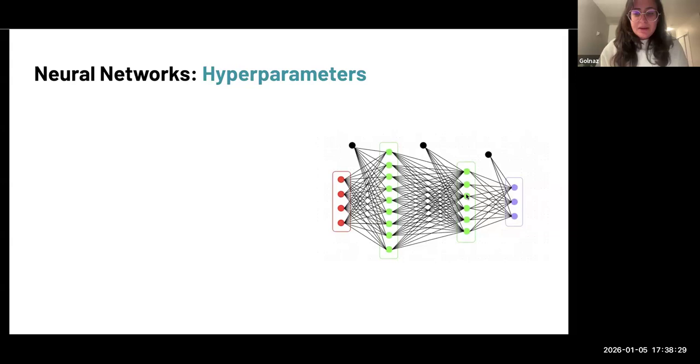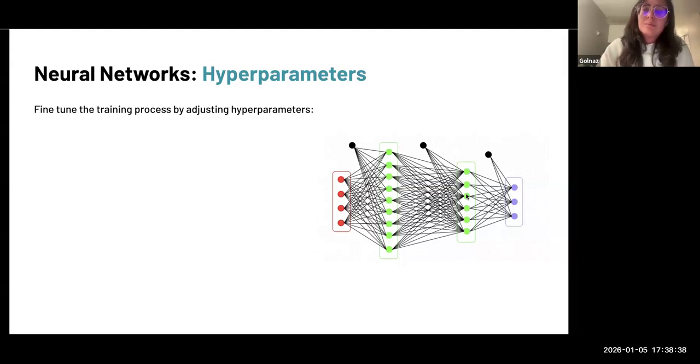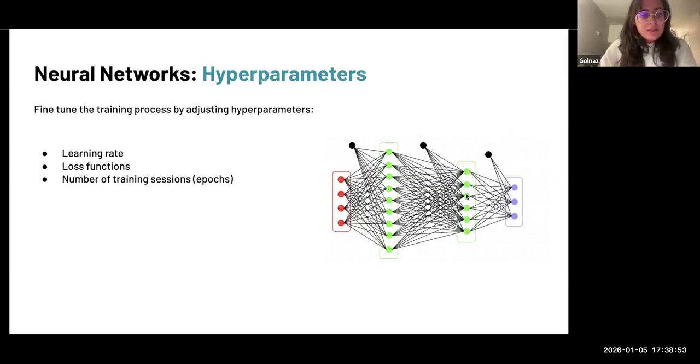So that was about the general training process, but there are also a lot of design choices that you need to make along the way when you're designing a neural network for your problem. One of them, as you saw, was learning rate. There's also the choice of loss function. Depending on your problem, your cost or loss function might be different.